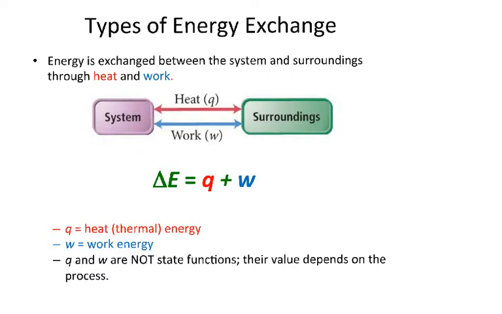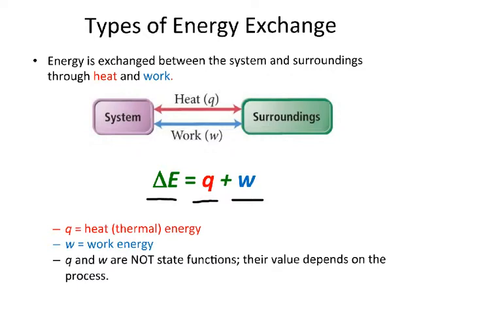And so the variable we use to think about heat is Q, and the variable that we think about to consider work is W. The sum of heat energy and work energy will be equal to the change in internal energy.